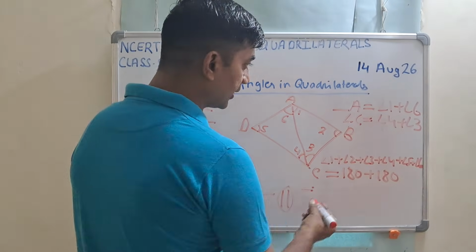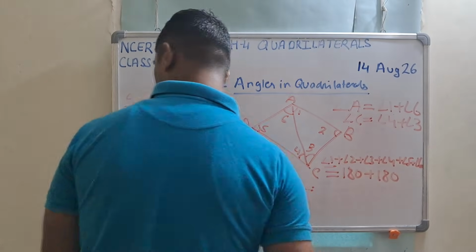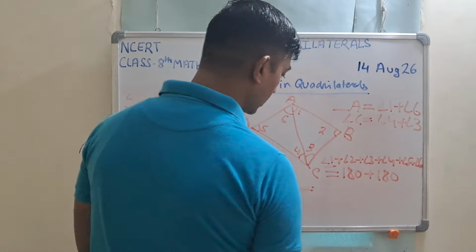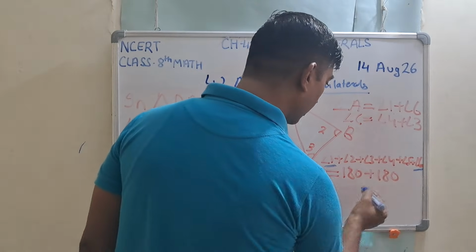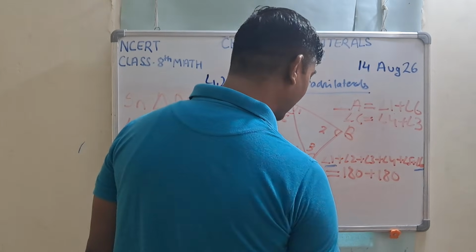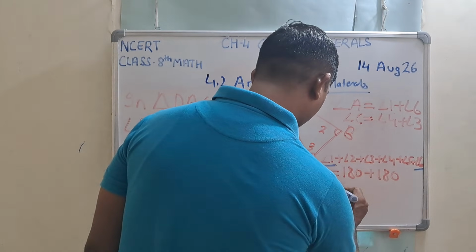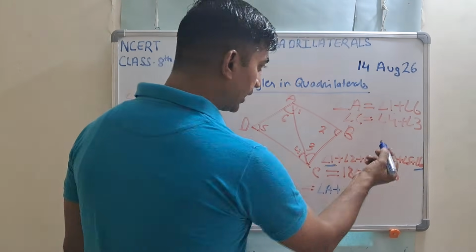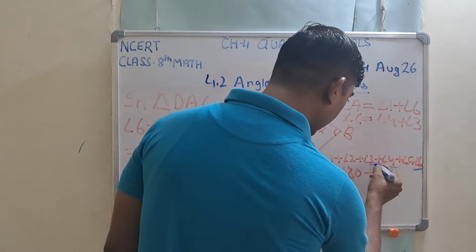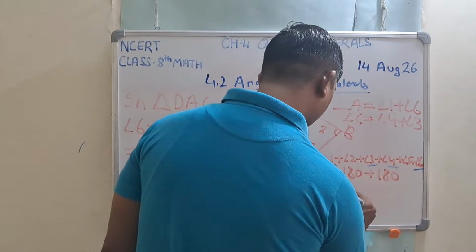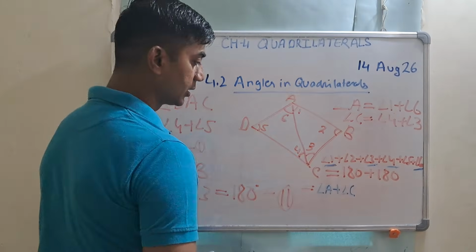And now we combine angle 1 plus angle 6; angle 1 and angle 6 we combine, we can write it as angle A. Angle A plus angle 4 and angle 3 we combine, we will write it as angle C, understood?